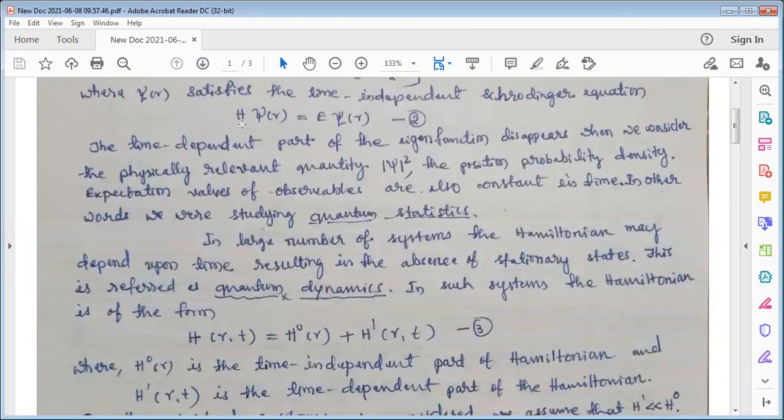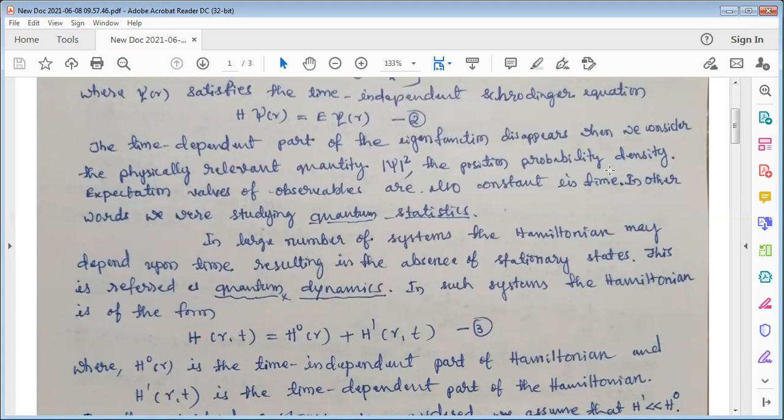So this time dependent part of the eigenfunction disappears when we consider the physically relevant quantity psi square, which is the position probability density.